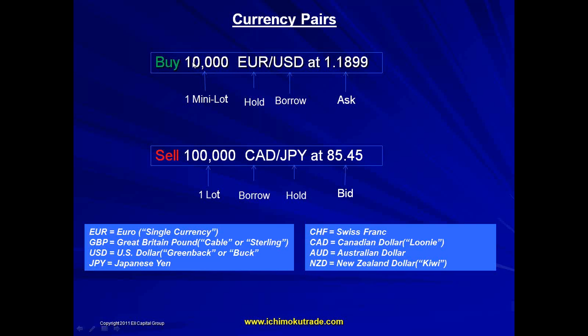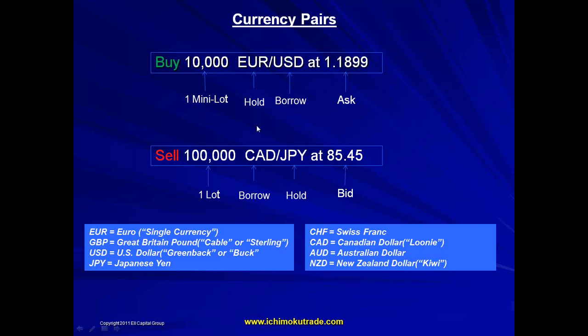Okay? This quantity here tells me how much every pip is going to be worth. So if I'm buying this currency pair, I'm wanting to go up. In order for me to make money, this would have to go up. So if this is 1.8900, and it goes to 1.8901, that basically means I made 1 pip. If this went to 1.8800, that means I lost 99 pips.